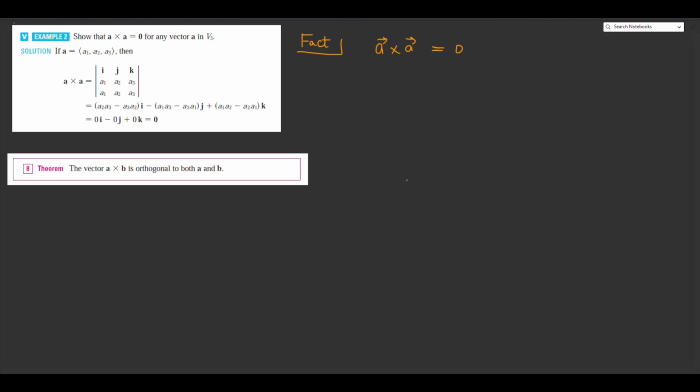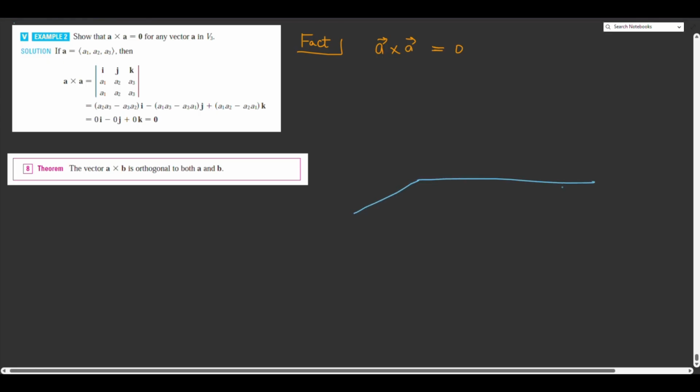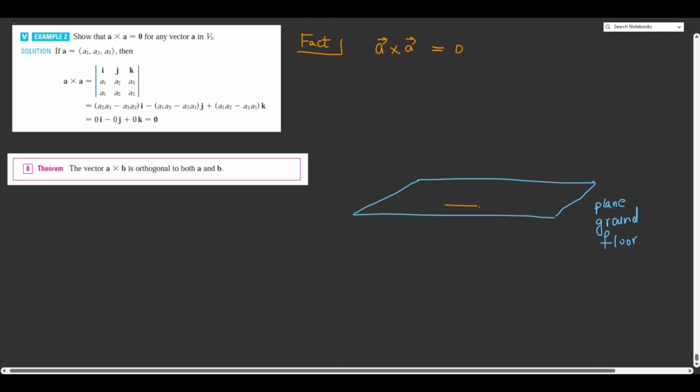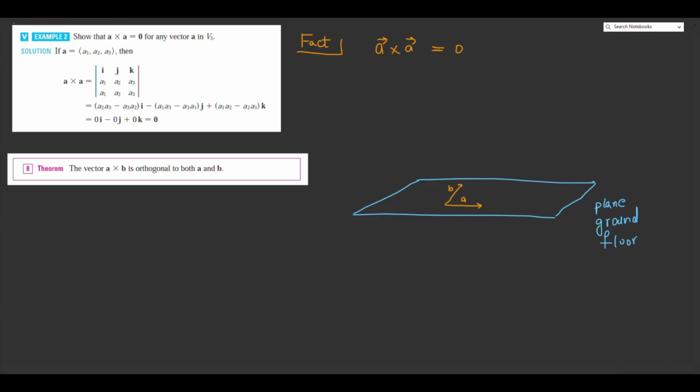For example, suppose that this is our plane, or you can imagine this as our ground floor, or the floor where we are sitting, and in this ground floor we have two vectors, A and B. Suppose that this is the vector A and this is the vector B. These two vectors lie in this plane.